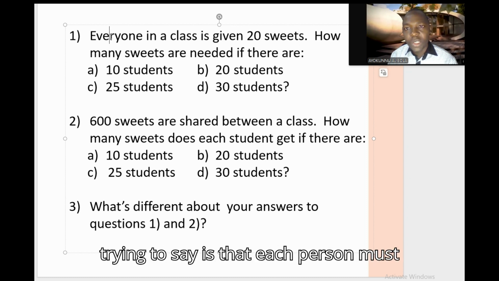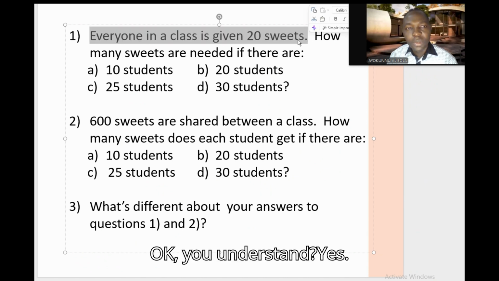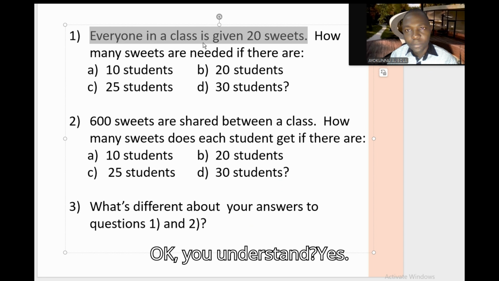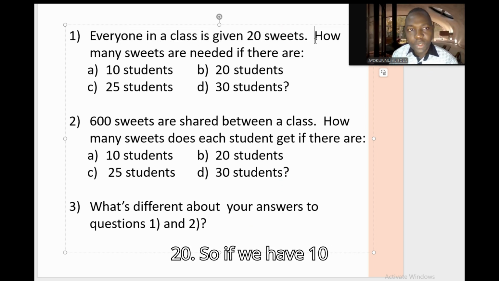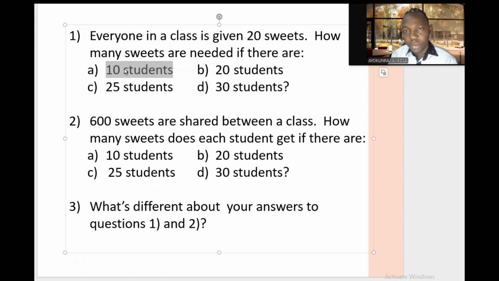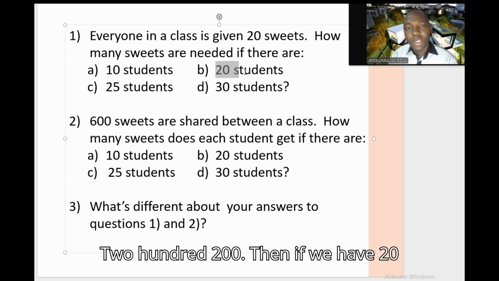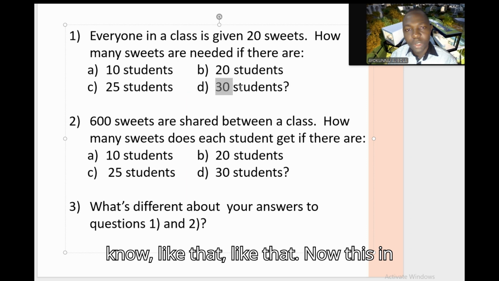What they're trying to say is that each person must have 20 sweets. One person is given 20 sweets. So if we have 10 students, how many sweets do we need? 200. Then if we have 20 students, we need 400.